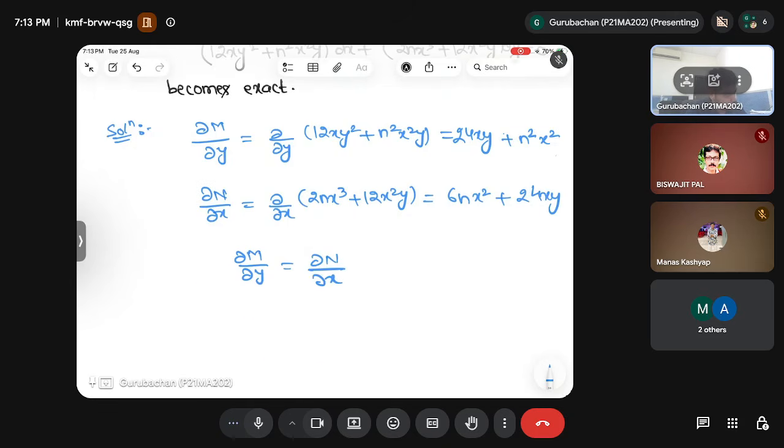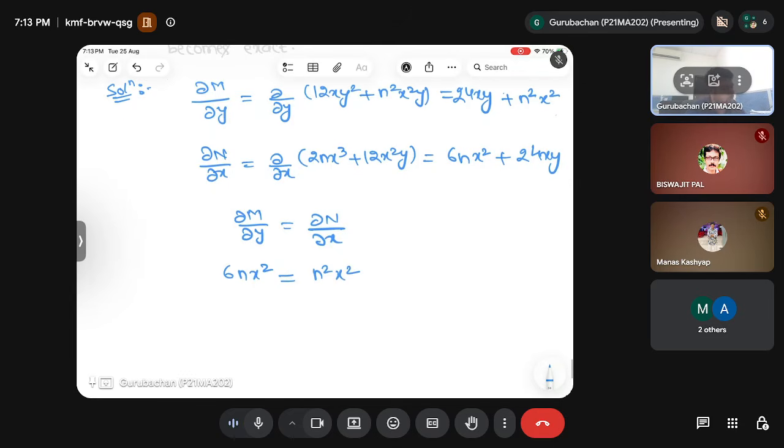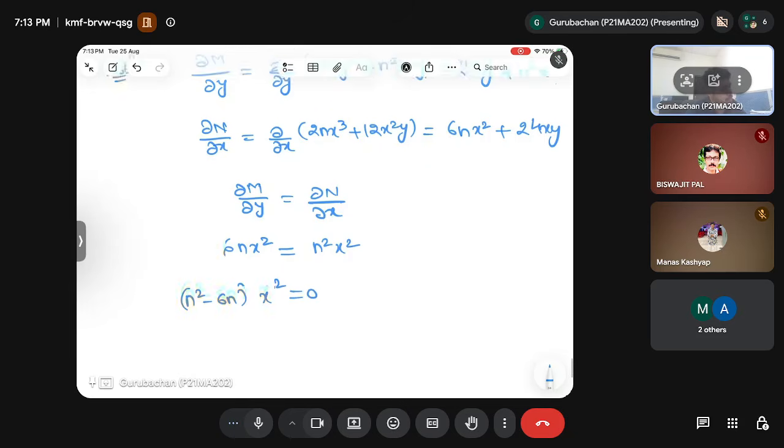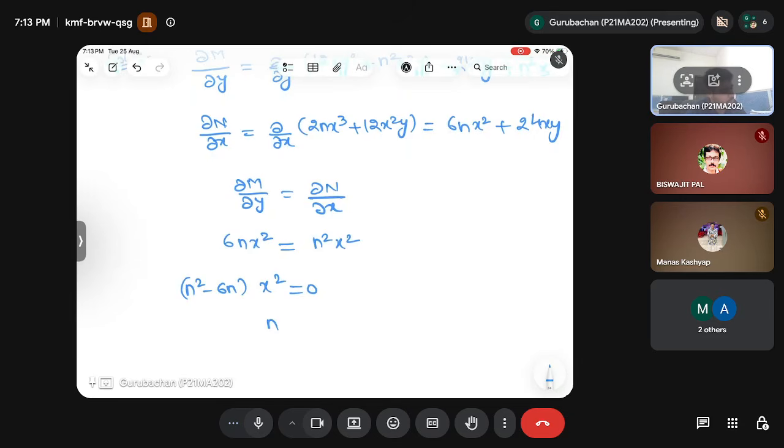That means you are left with 6n x square is equal to n square x square. The other two terms will be cancelling out. So from here you will get n square minus 6n into x square, it must be 0. So obviously we want the value of n. So n can be 0 and 6. Since we want non-zero value, it will be 6.